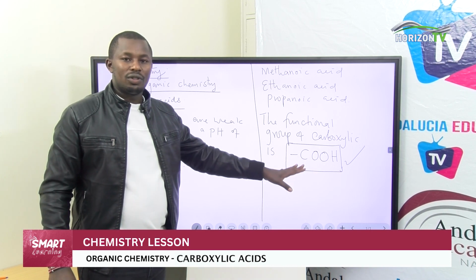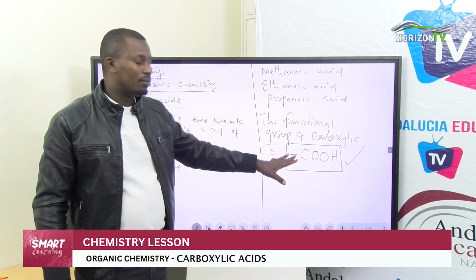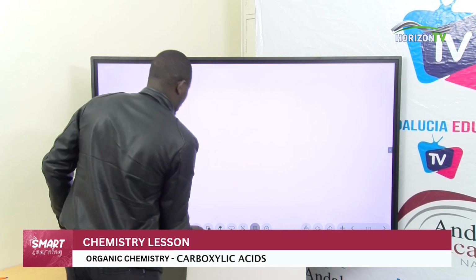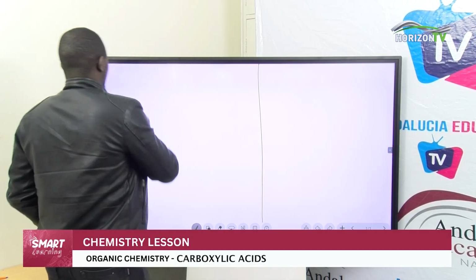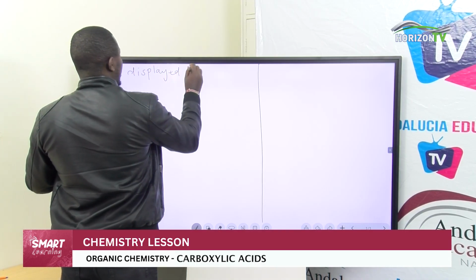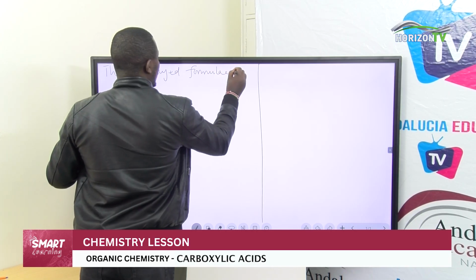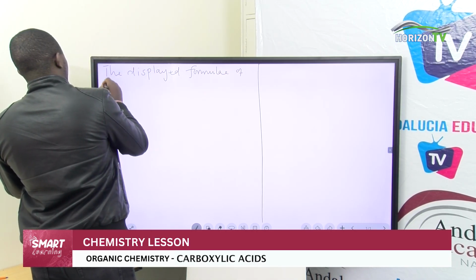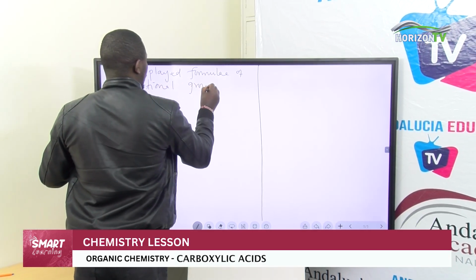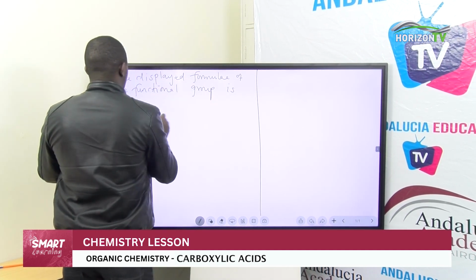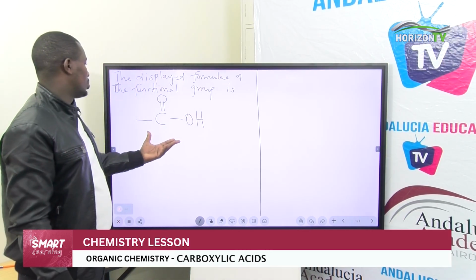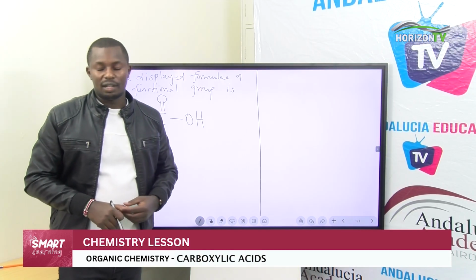This can also be shown in displayed formula form. This is the displayed formula of the functional group of the carboxylic acids.